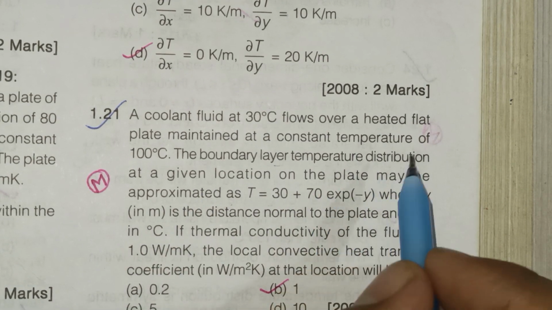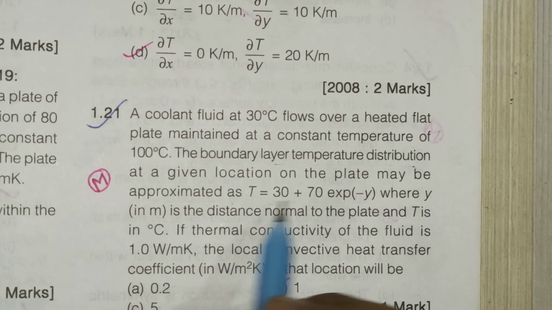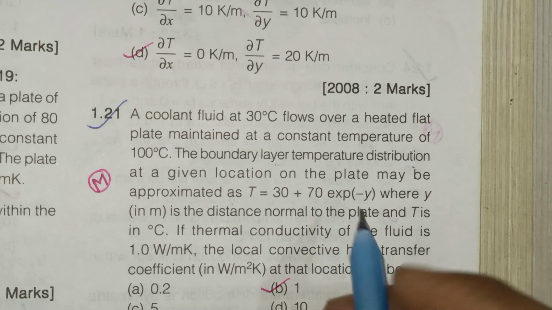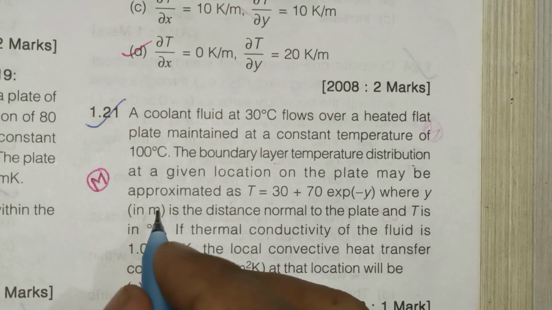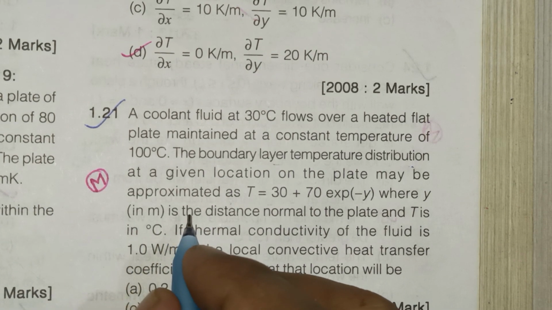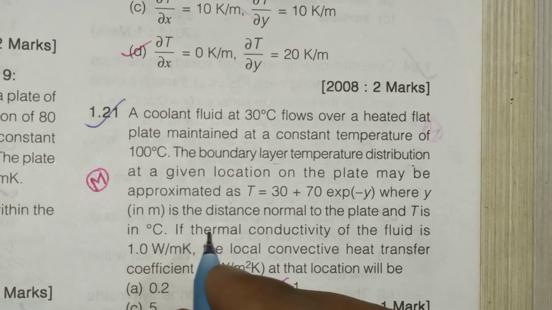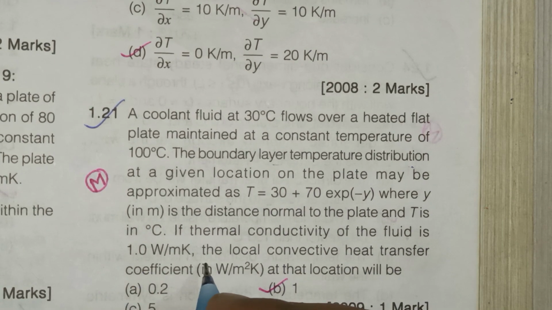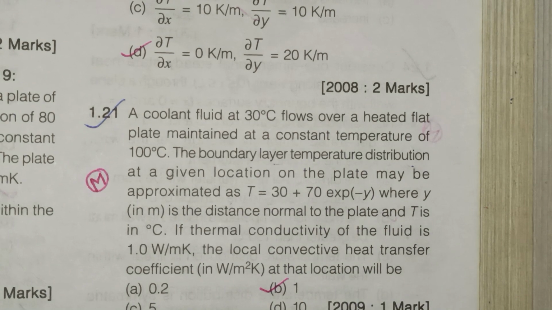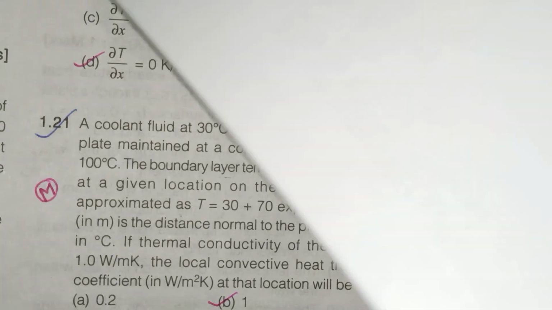The boundary layer temperature distribution at a given location on the plate may be approximated as T equal to 30 plus 70 e to the power minus y, where y in meter is the distance normal to the plate and T in degree Celsius. If the thermal conductivity of the fluid is 1.0 watt per meter Kelvin, the local convective heat transfer coefficient in watt per meter square Kelvin at that location will be. Okay. So this is question number 21.